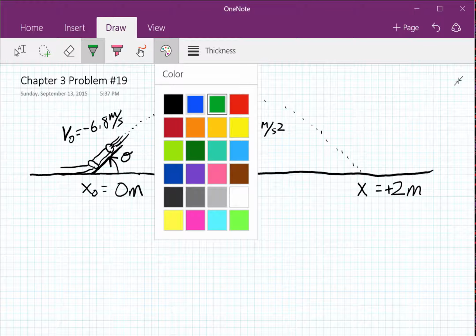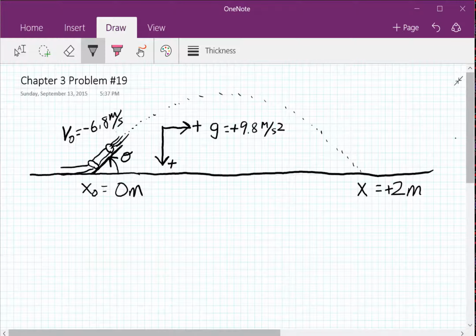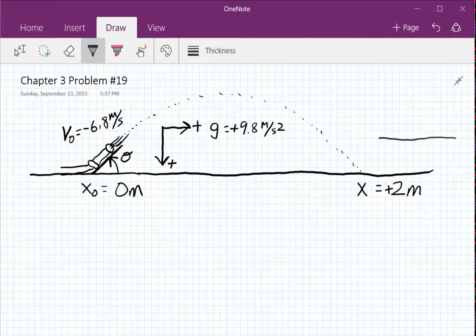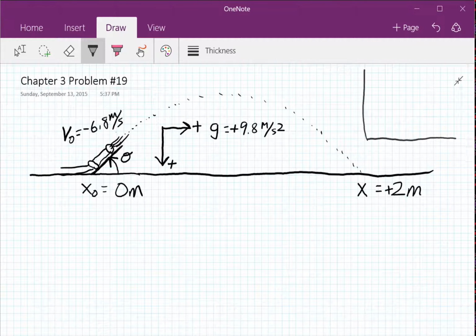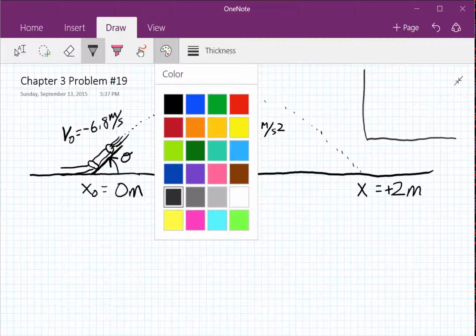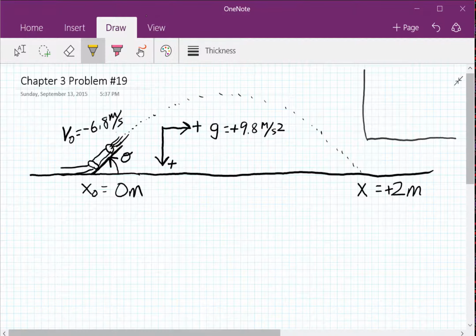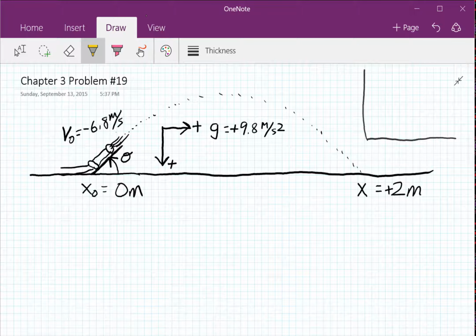Let's go with gray. Now, the hose is only being pointed in one direction, so the water has to travel within this quadrant I just drew.